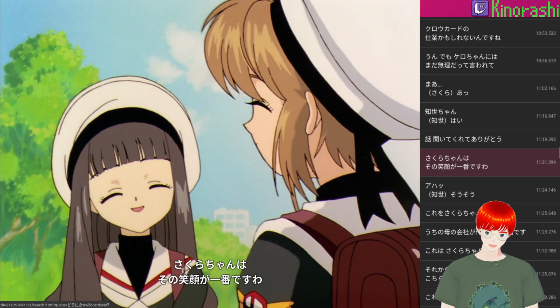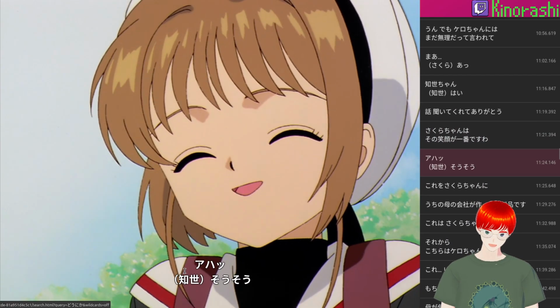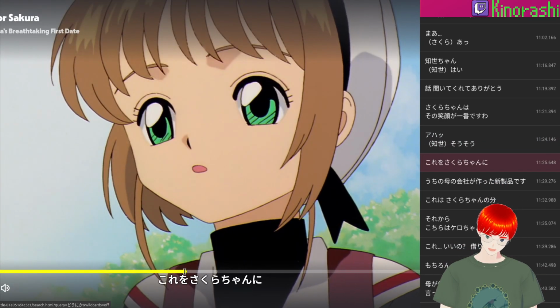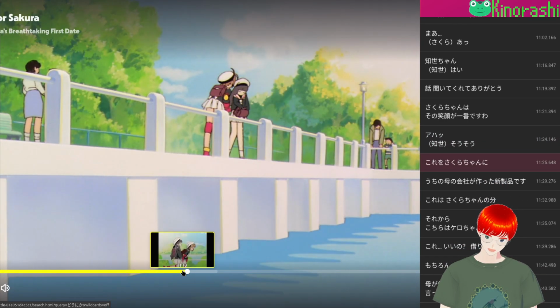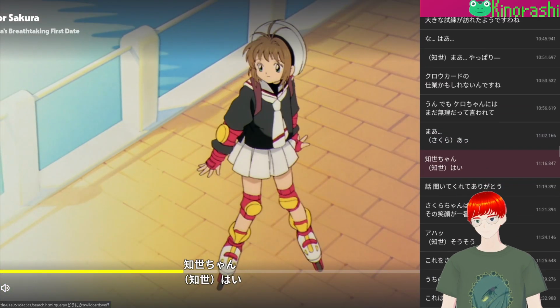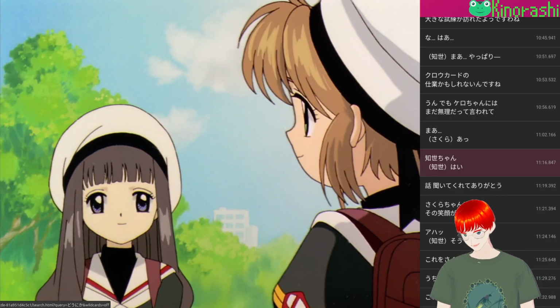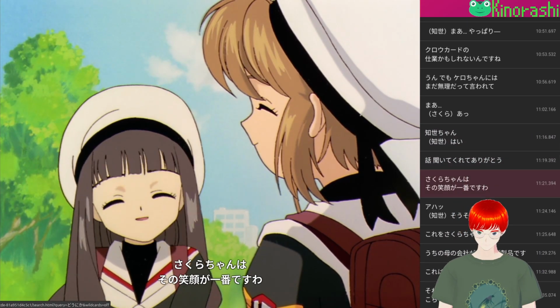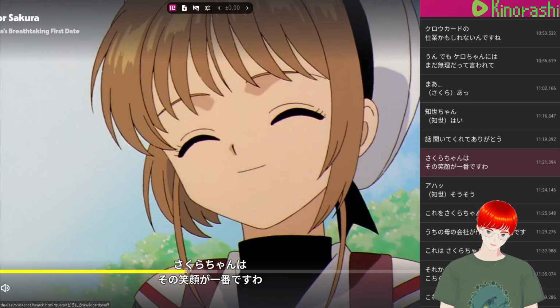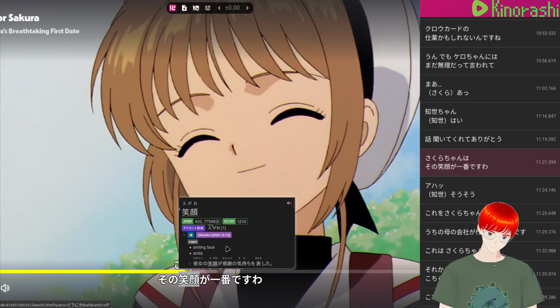さくらちゃんはその笑顔が一番ですわ。Sakura-chan wa sono egao, smiling face.